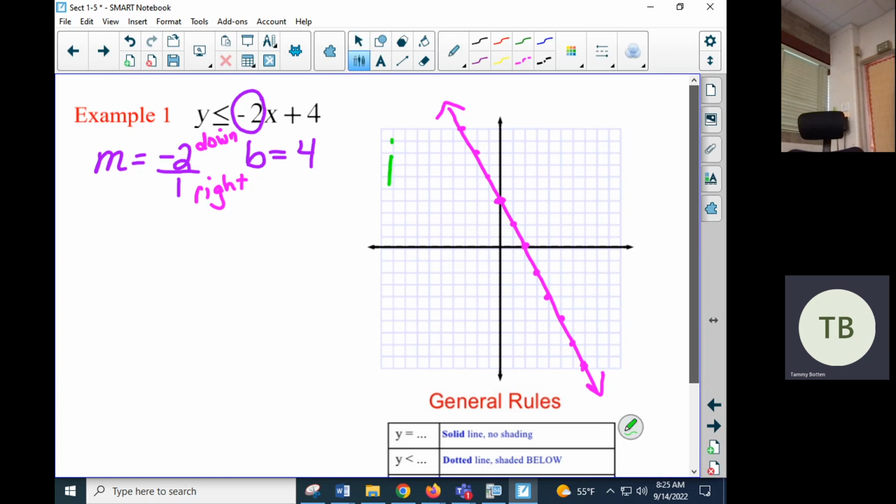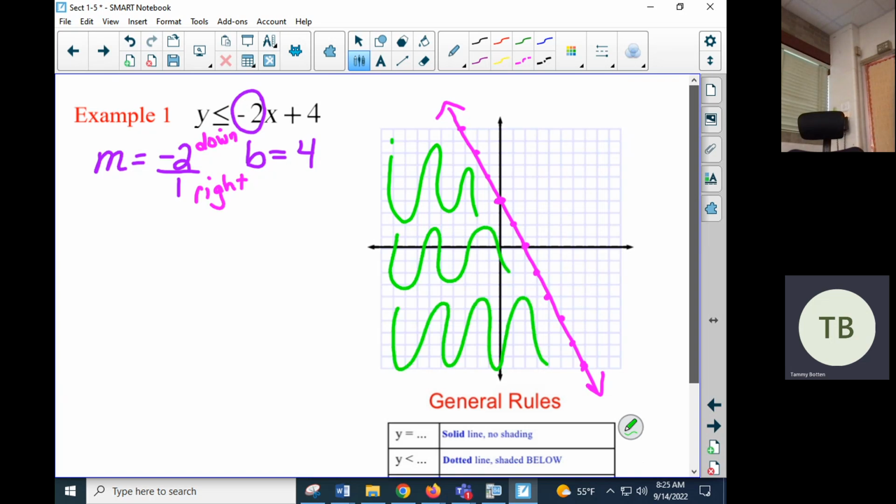So then you can just do something like this. All right, so then you can either shade it with your pencil or do something like that, just so I know where you're shading.